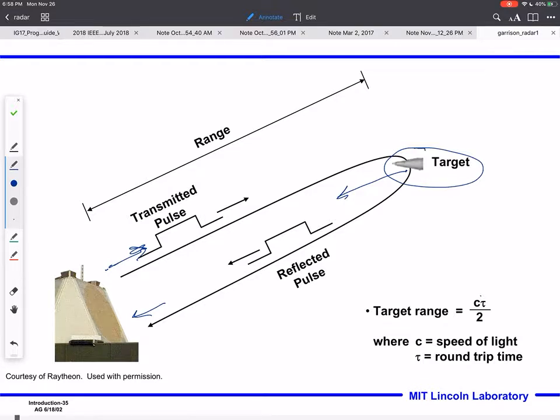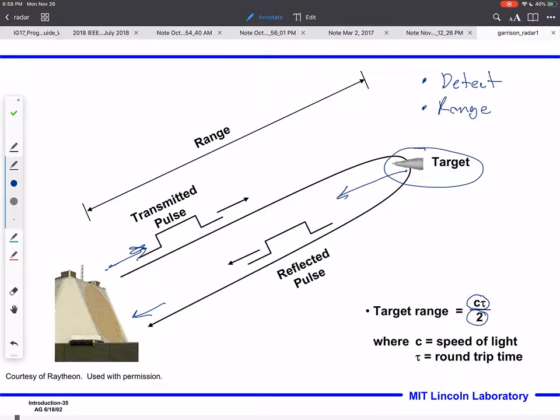So the speed of light times the time of travel, the round trip time, measured from when the transmitted pulse is sent out to when the transmitted pulse returns, divided by 2, because it's a round trip time, gives us a range. So we already saw that radars can be used to detect, to see if there is something present in some area, and also can be used to measure a range.